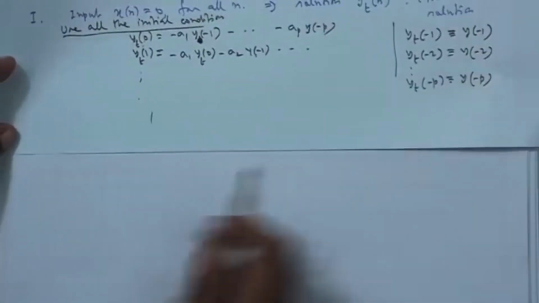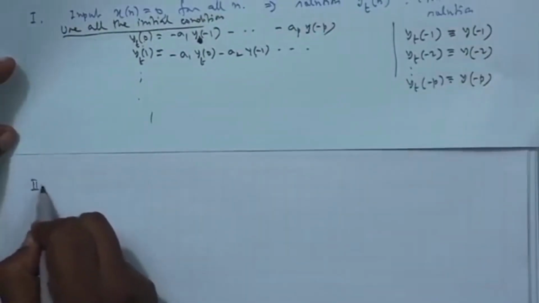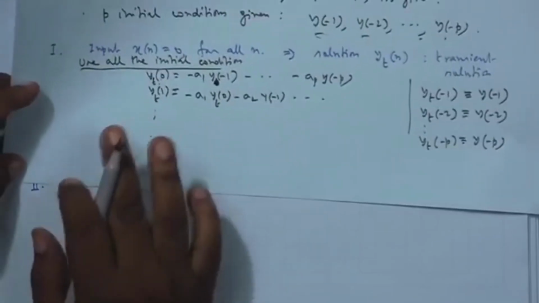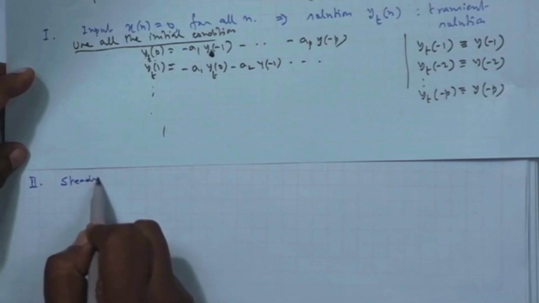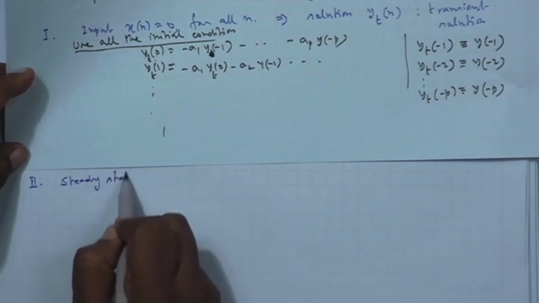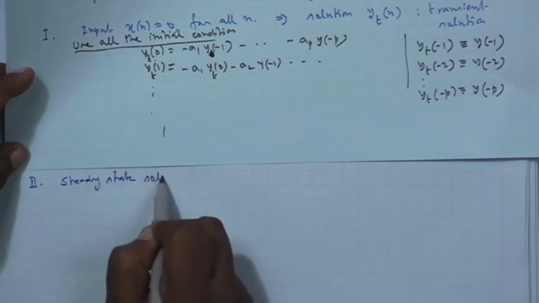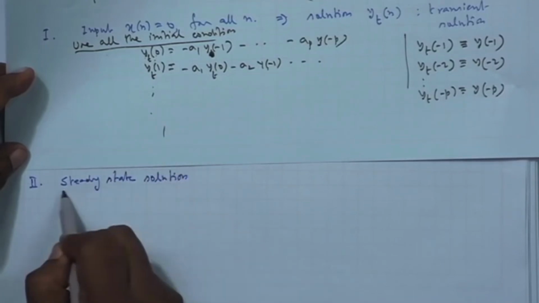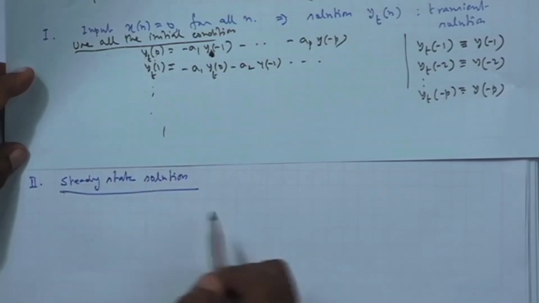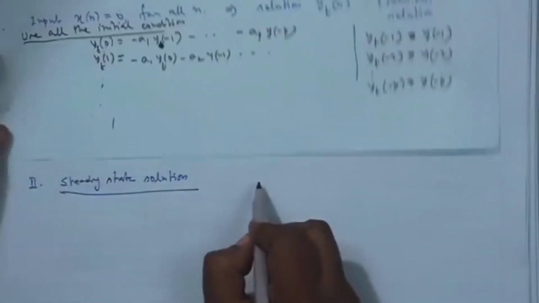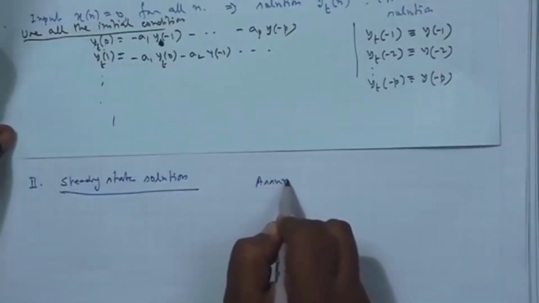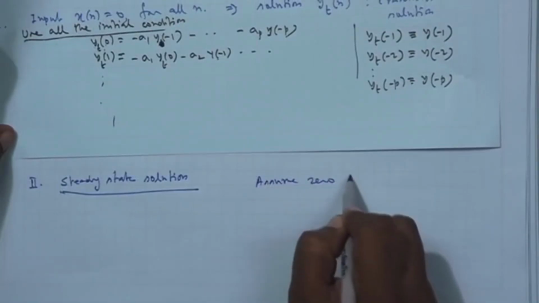I am constructing some solutions: the transient solution, and another, called the steady state solution. Steady state solution means assume 0 initial conditions.